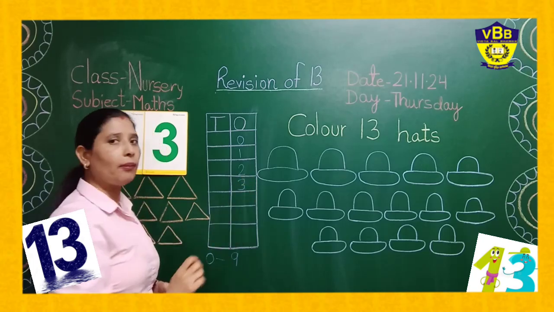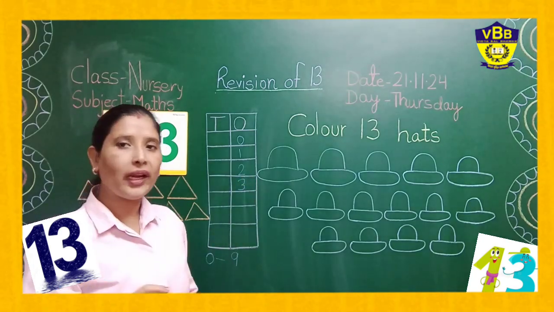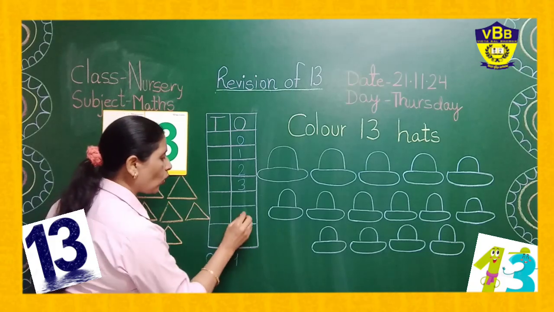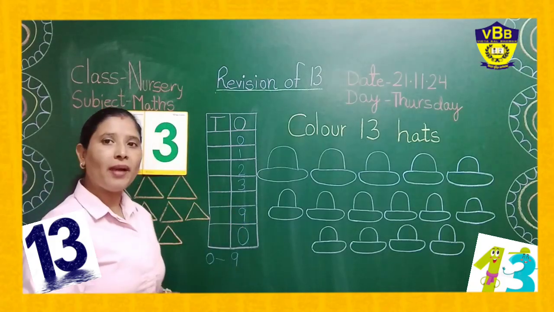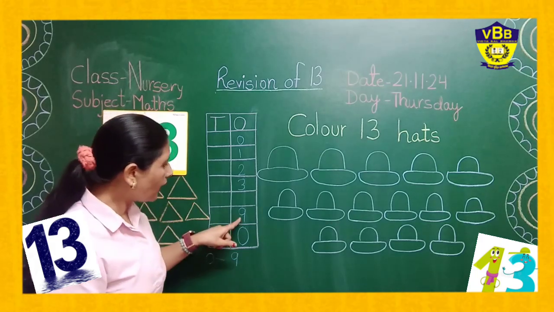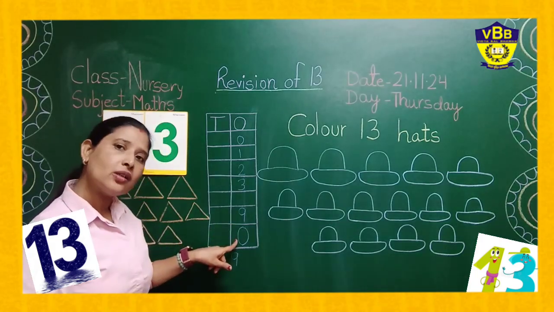And you all have to remember, we always write number 0 below 9. Right, my little tiny toes? Under the number 9, we always write 0.